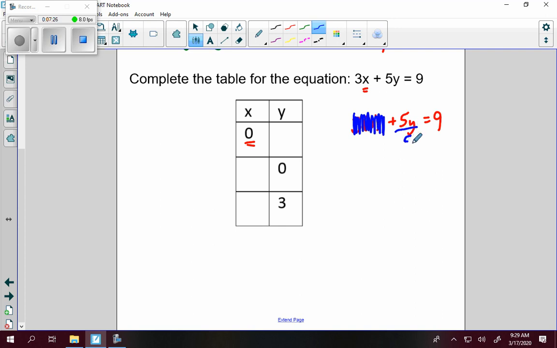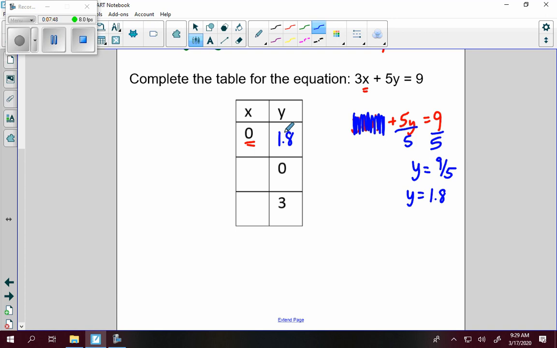When I divide by 5, I get y equals 9 over 5. If I want to put that into a decimal, I can, and it would be y equals 1.8.